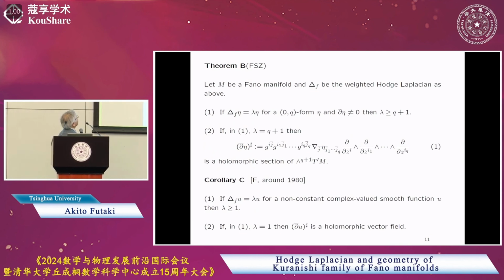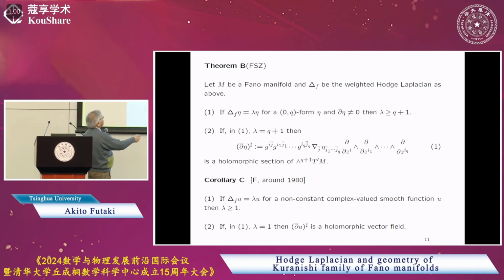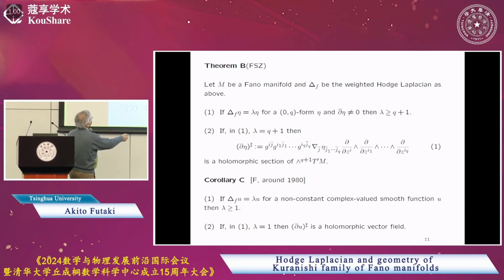Another result we got: if d-bar is not 0, then applying d-bar on d-bar side and d-bar on the Laplacian of f commutes. So therefore, lambda has to be bigger than or equal to q plus 1, applying the previous result, and then raising the differential form for algebra tangent vectors, then this becomes a holomorphic section of this.